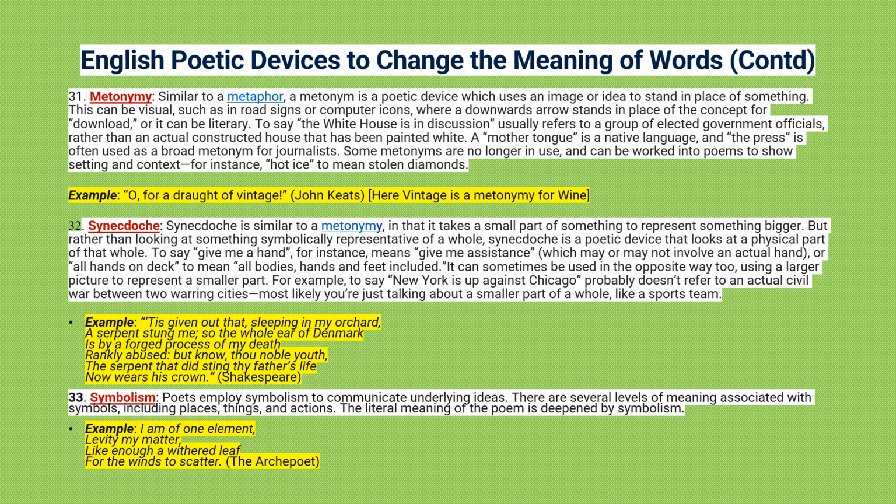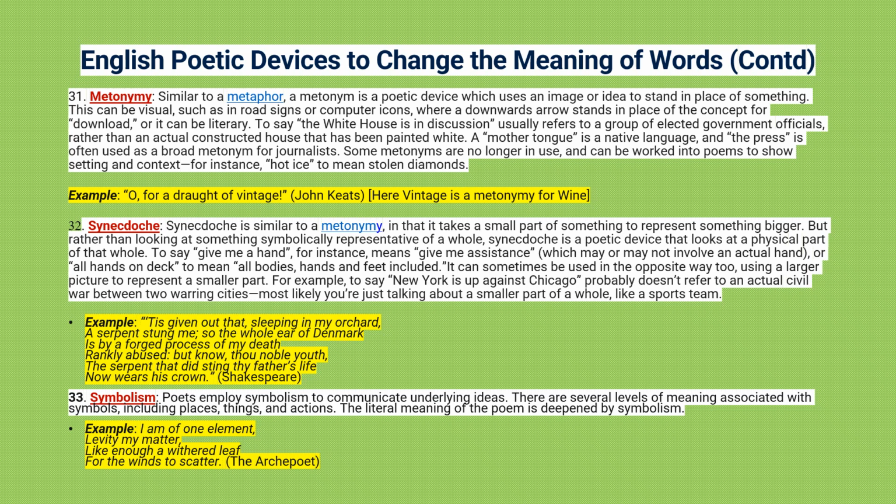Example, give me a hand, for instance, means give me assistance, help. Okay. Another example given here is New York is up against Chicago. That means the people of New York are against the people of Chicago.